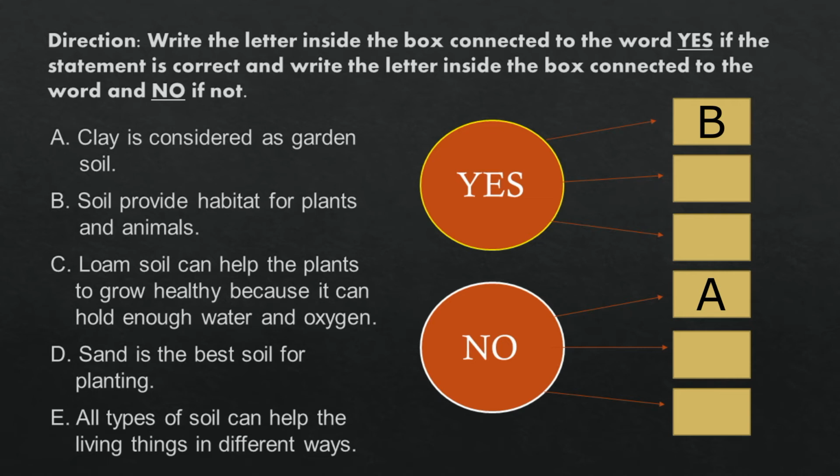Letter C. Loam soil can help the plants to grow healthy because it can hold enough water and oxygen. Yes. Letter D. Sand is the best soil for planting.